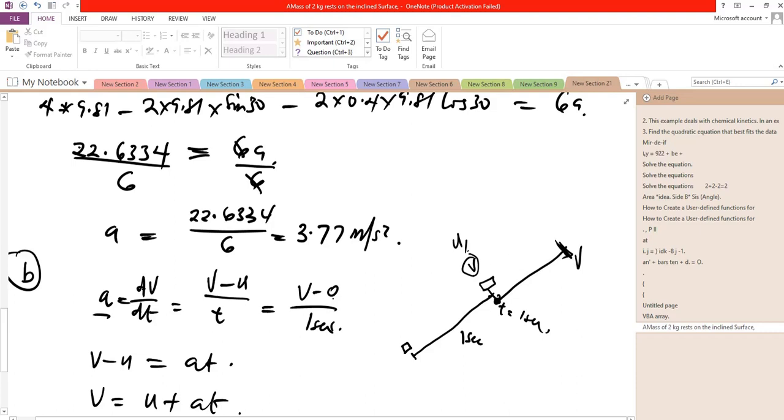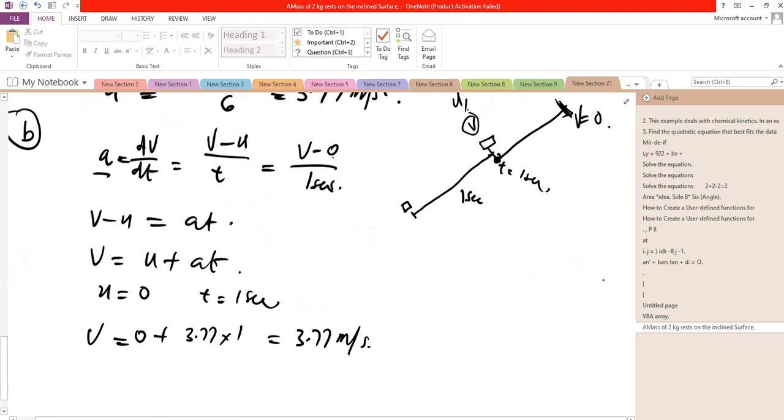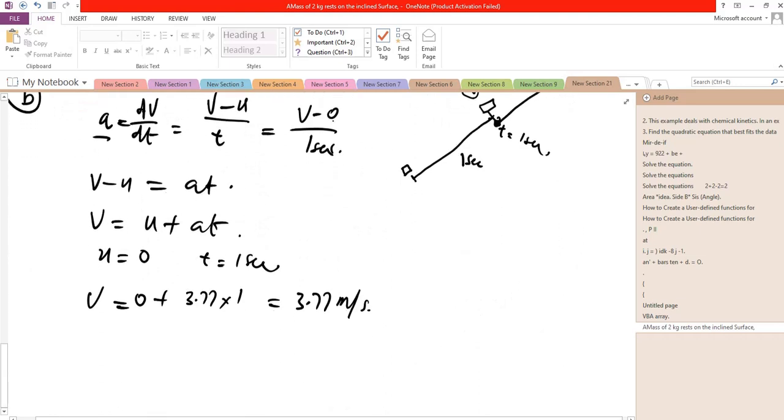Then the final velocity at the point where it stops will be equal to 0. We know that acceleration is v minus u all over t.